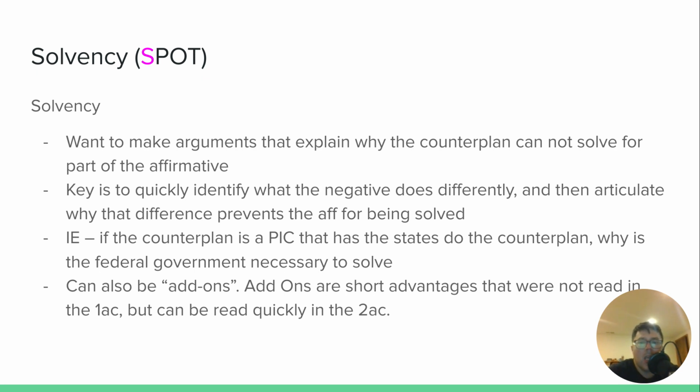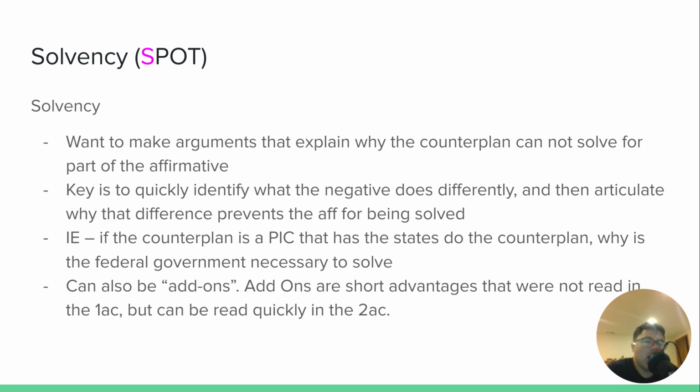impacts. You can also have short advantages called add-ons, and these can be read in the 2AC to answer the counterplan. But when you pick which add-ons you're going to read, make sure that they exploit the difference between the 1AC and the counterplan, so that the add-on is an explanation or advantage that hinges upon that key difference between the counterplan and the plan.